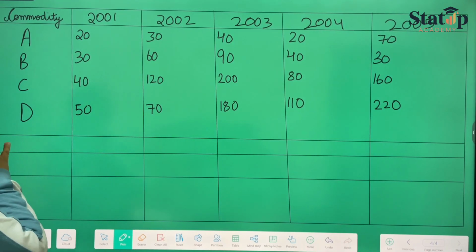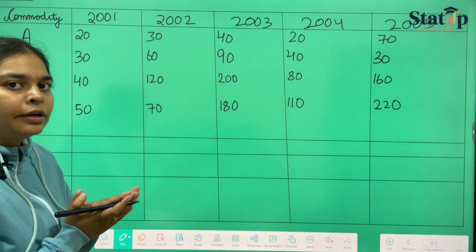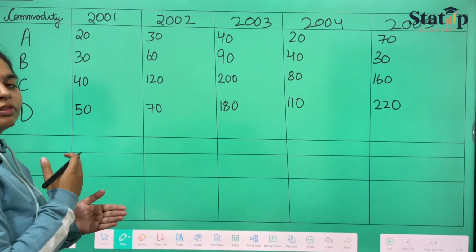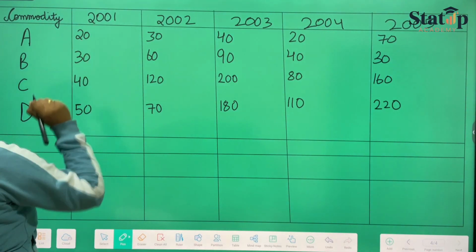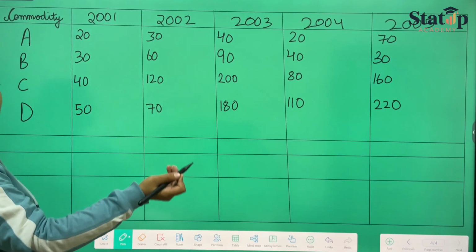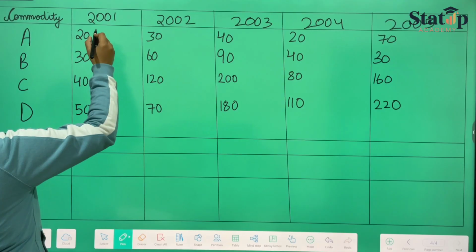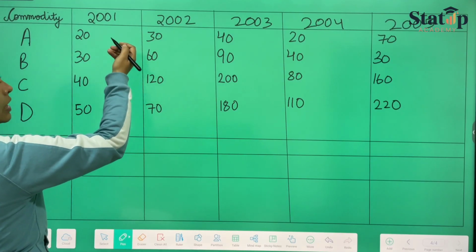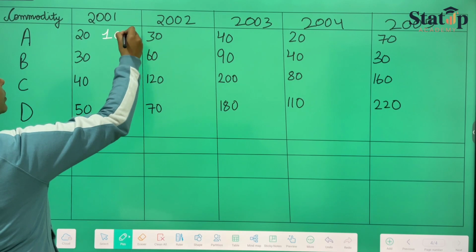Since we have been given the values already, first of all we'll calculate the link relative. For chain base we have to find the link relative. This is current year's value upon previous year's value into 100. But the previous value is not given, so we will take it as 100 only.